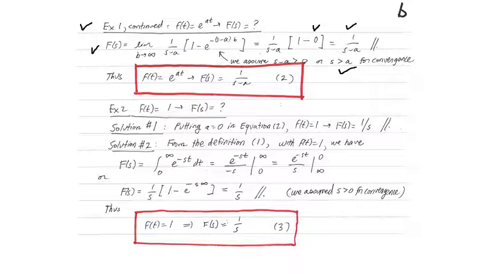So we proved using the definition that the Laplace transform of e to the at is the function 1 over s minus a. In general, in this chapter, we're going to be starting out with functions of time. Typically, those are going to represent the solutions of the differential equations that we're trying to solve.